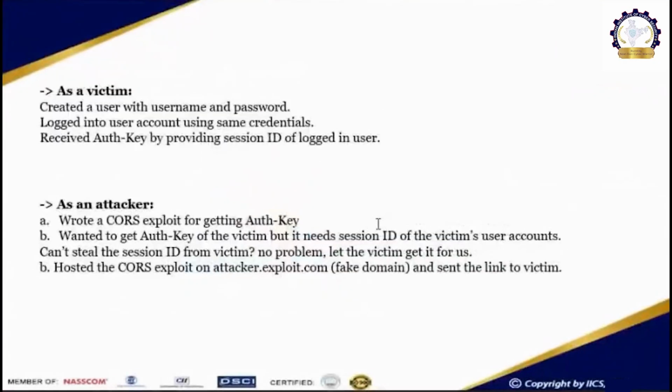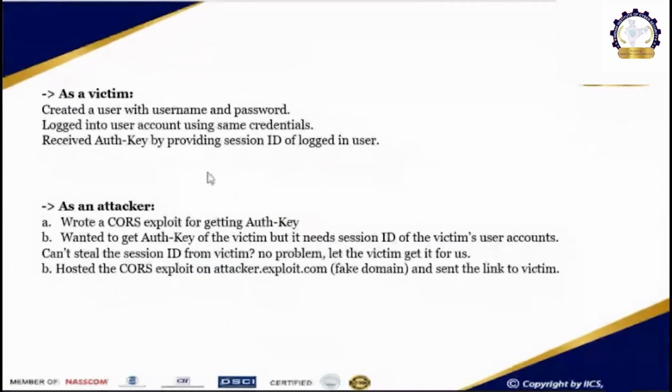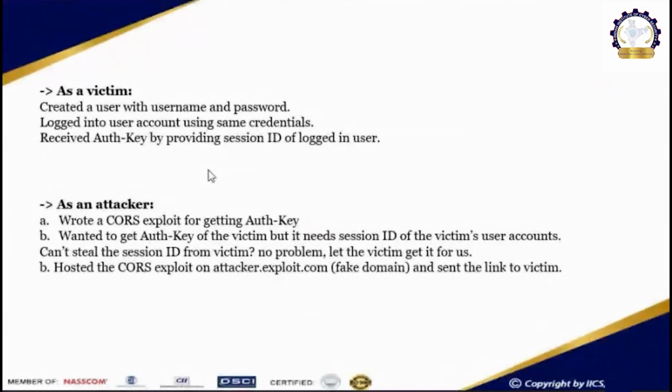What's happening here is, as a victim, a normal person created a user with a username and password, logged in with the same credentials, and received an auth key. This is a normal flow. As an attacker, if I write a CORS exploit to get an auth key and host it on my private server, I can host it in your origin header.